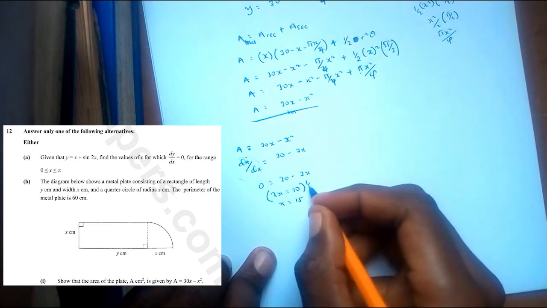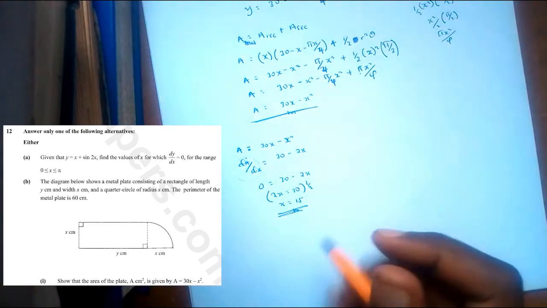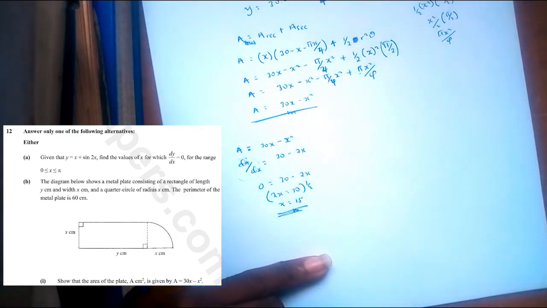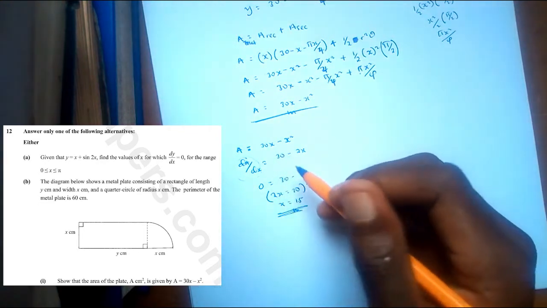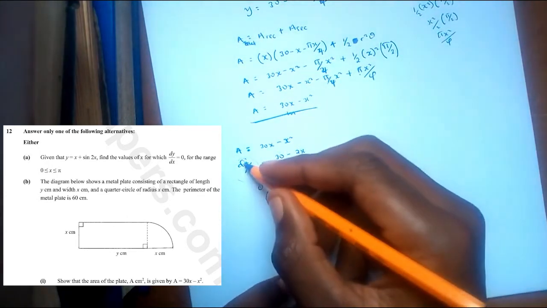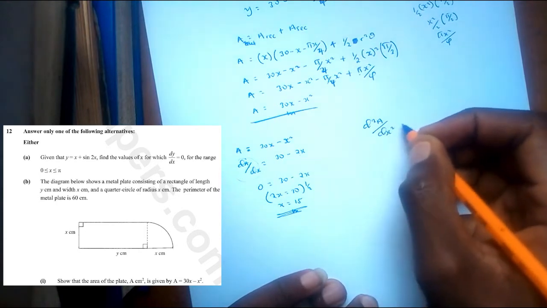Then the question goes on, find the stationary value of A and determine whether it is a maximum or minimum. To do this, we differentiate again, we find d squared A over dx squared.